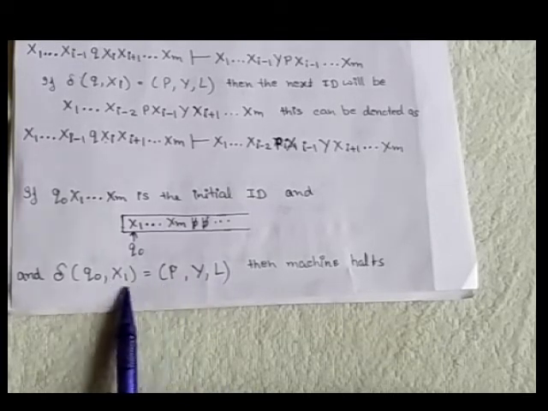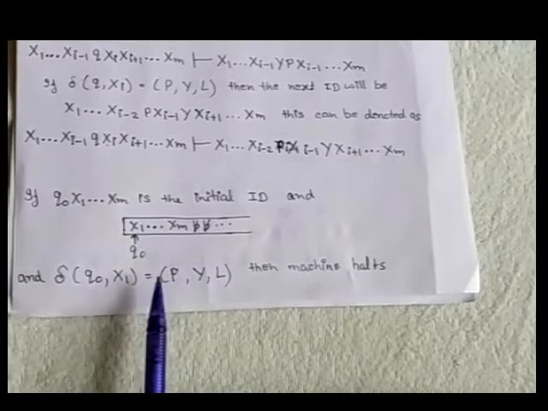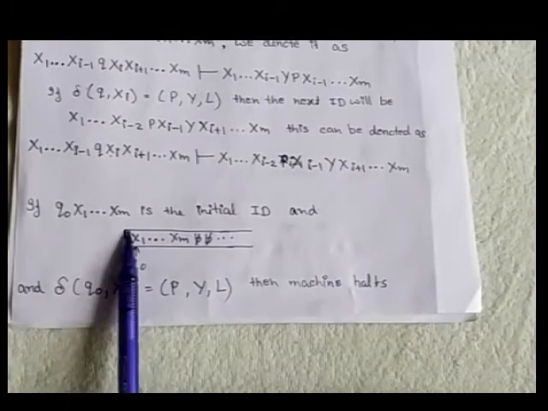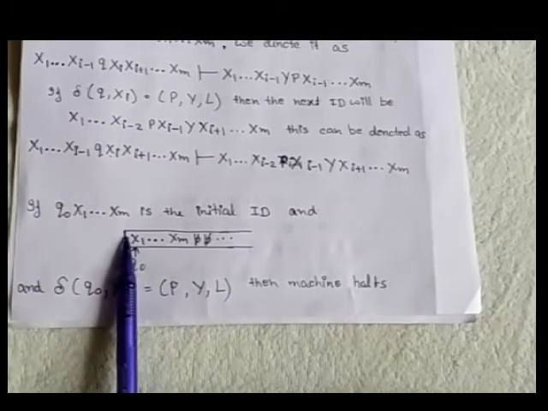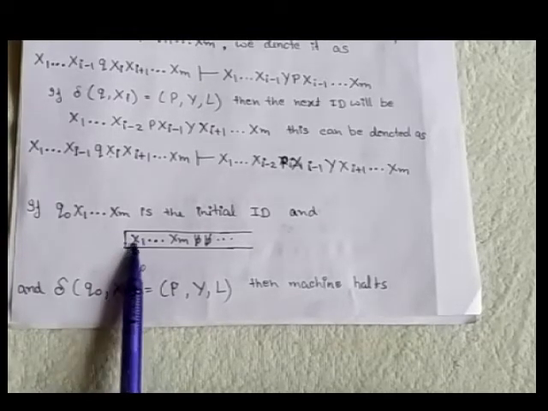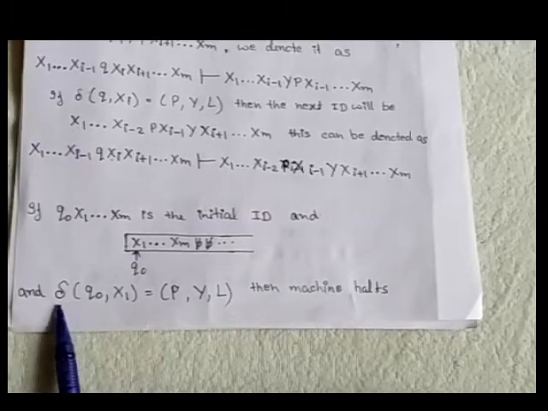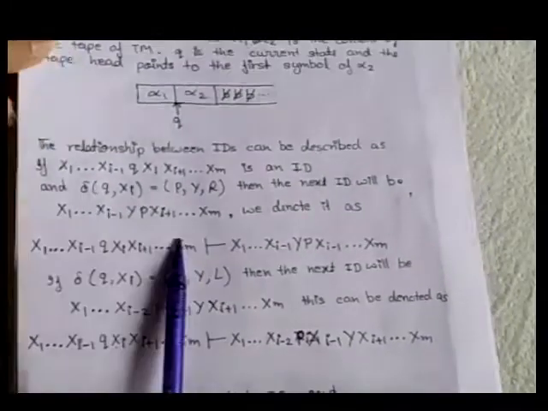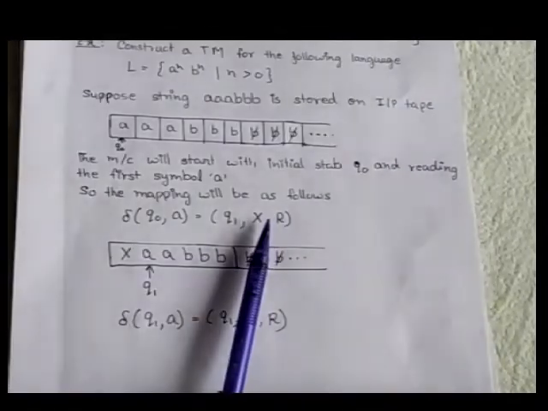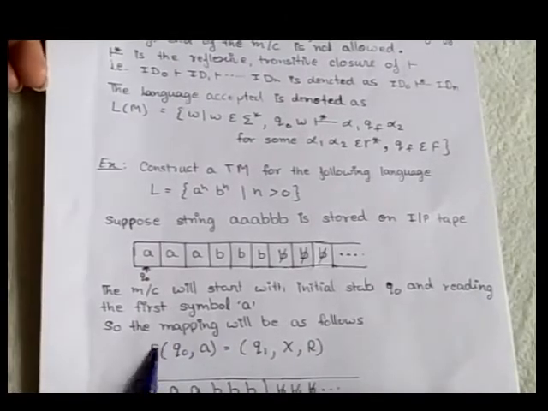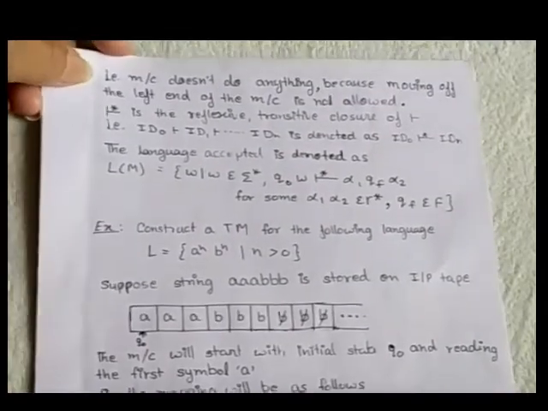Is this transition possible? No, because we cannot move to the left: the left end is fixed, so we cannot move to the left of this symbol. So if we see this transition, the machine should halt and not do anything. In this case, the machine will halt.